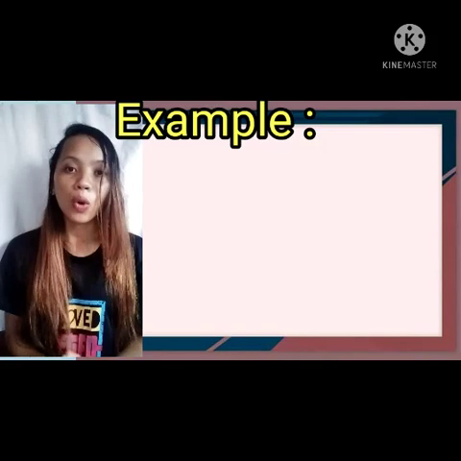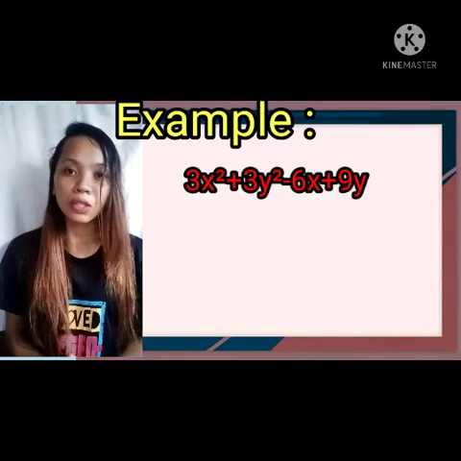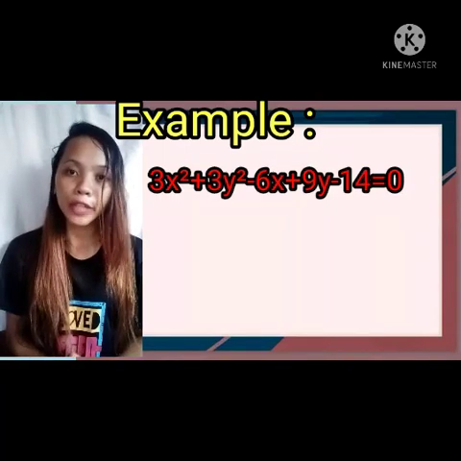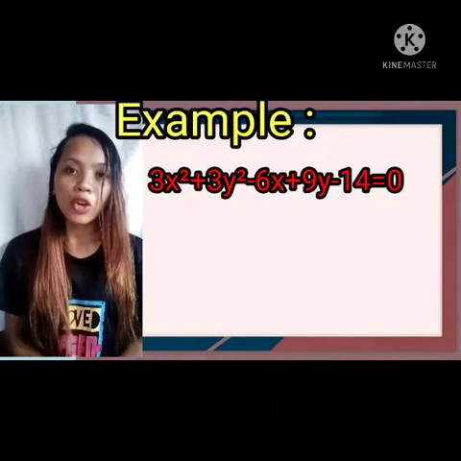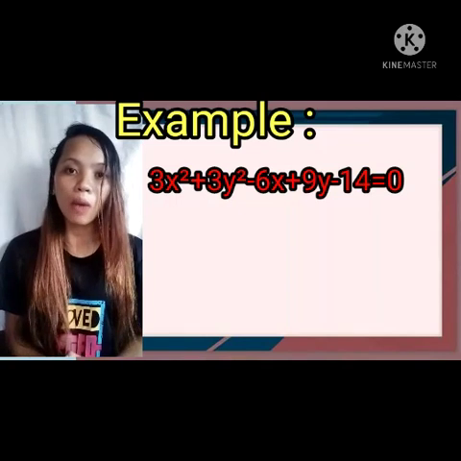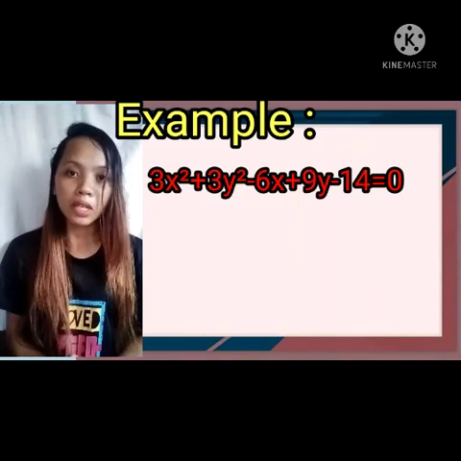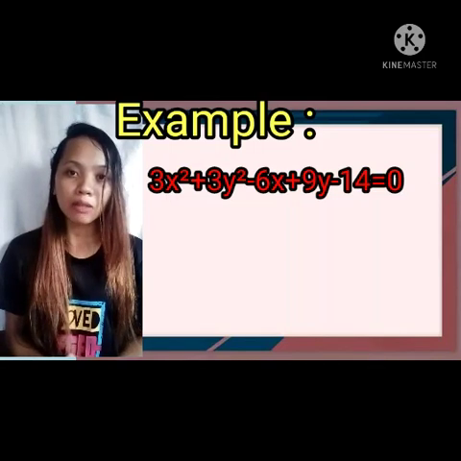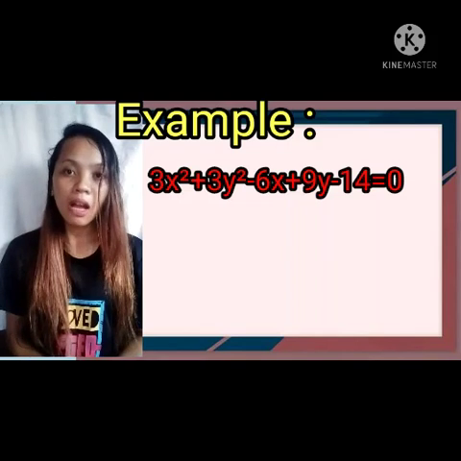Example number 1, we have 3x squared plus 3y squared minus 6x plus 9y minus 14 is equal to 0. So these are general equations of the conic sections. Are both variables squared?